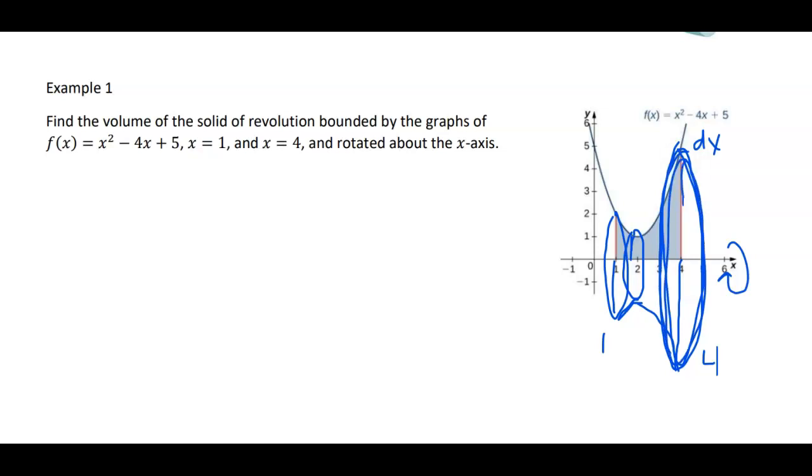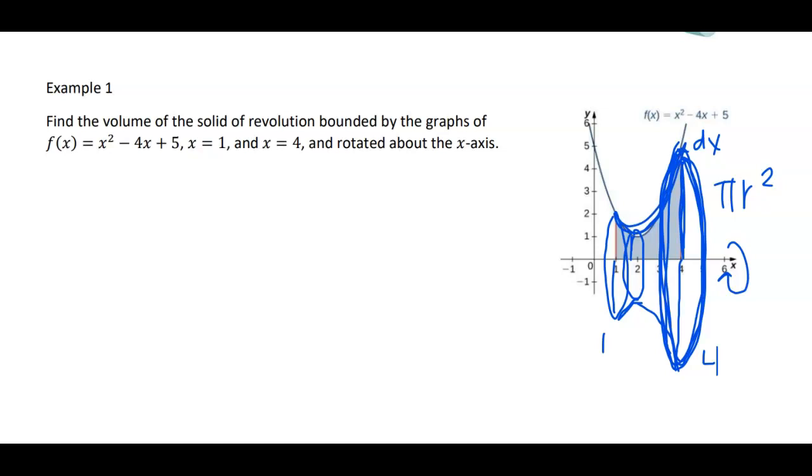And then since it's a disk, I know that pi r squared is going to find me that area, and then multiplying by that dx piece is going to find me a very thin baby volume, if you will. And then I want to add up all of those volumes along that interval.